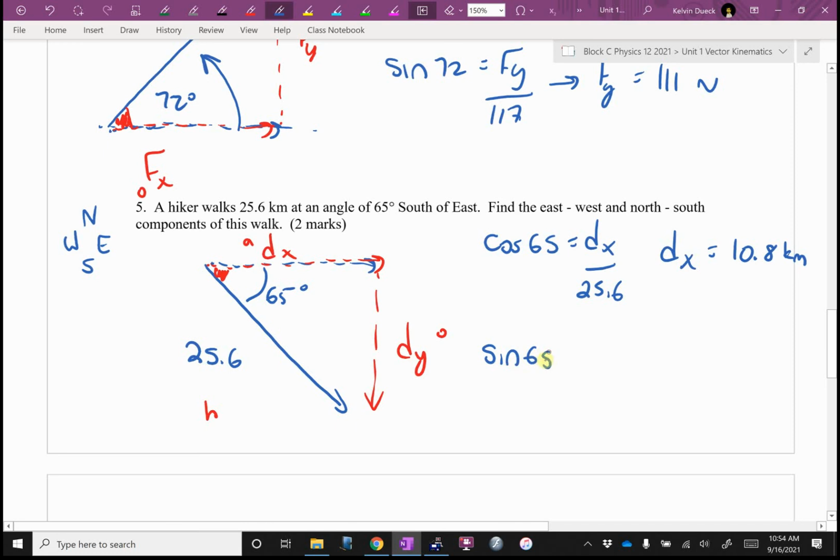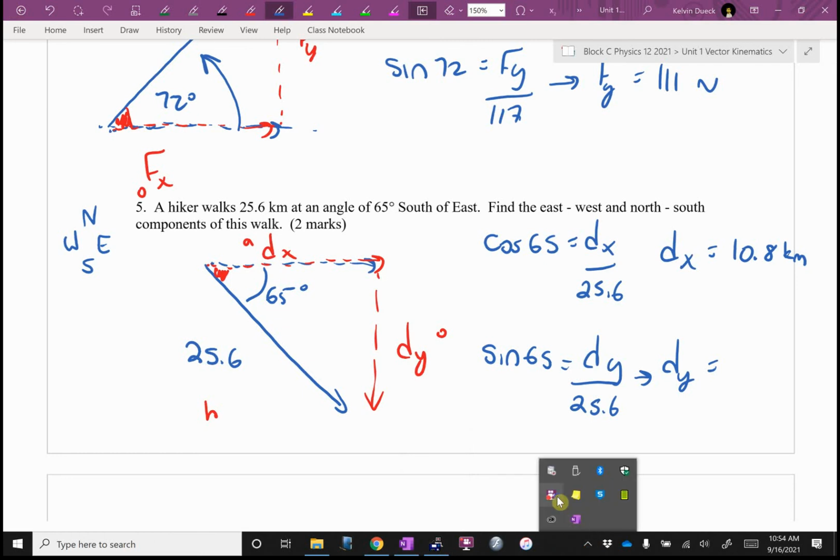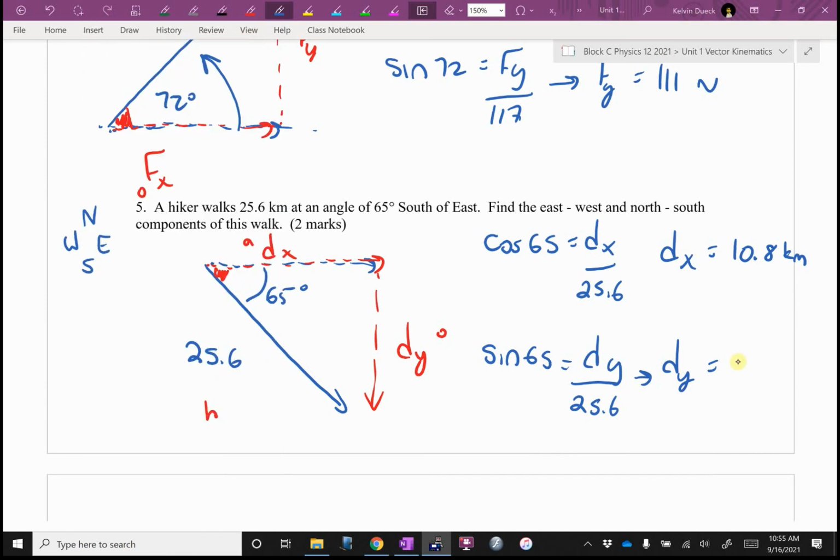Sine 65 ends up being dy over 25.6. Pause for a second, for any grade 11 or 12 students. dy is going to be 25.6 times the sine of 65. So I'll get 23.2 kilometers. 1 mark for each of those.